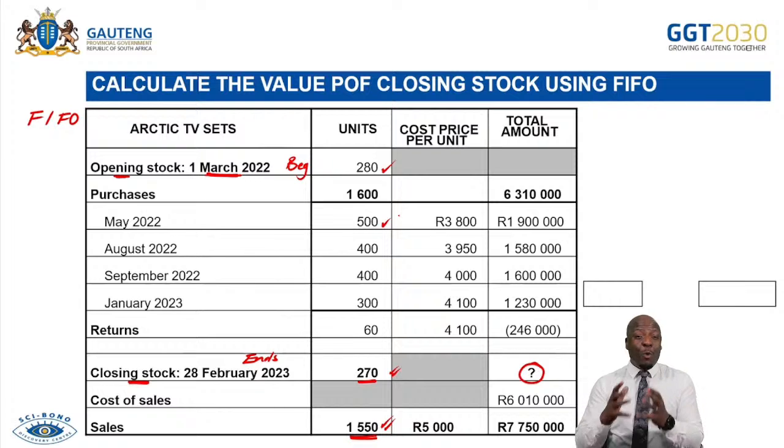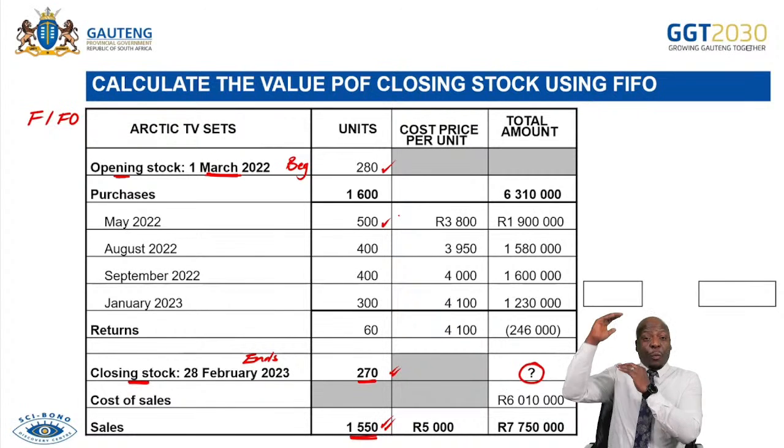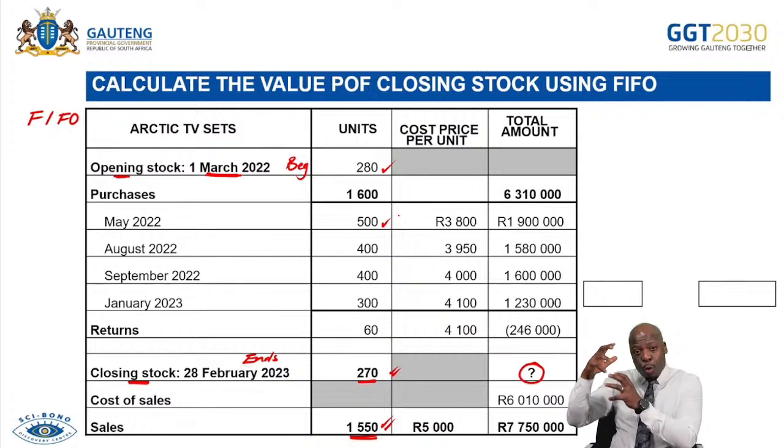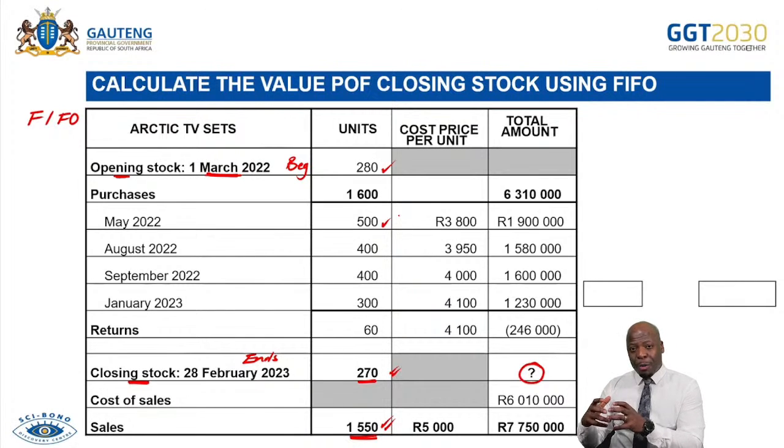There are several ways in which we can calculate our value of closing stock. We can begin from the top and go all the way down, and then we know the value of closing stock. That is very possible. However, it is very time demanding. It will consume a lot of our time, and in the exam, time is one thing we do not have.